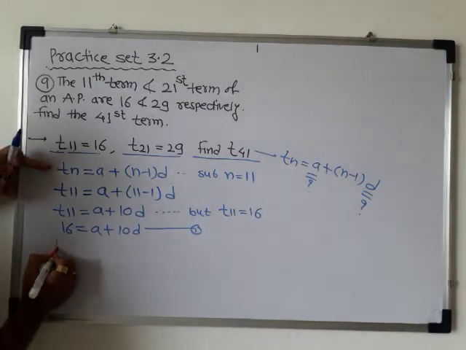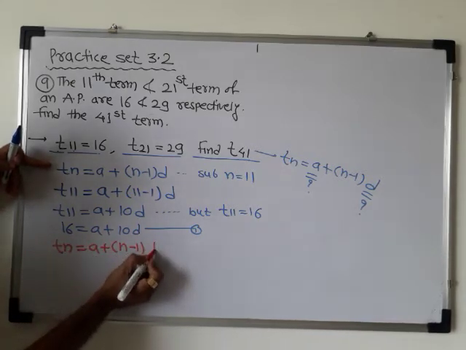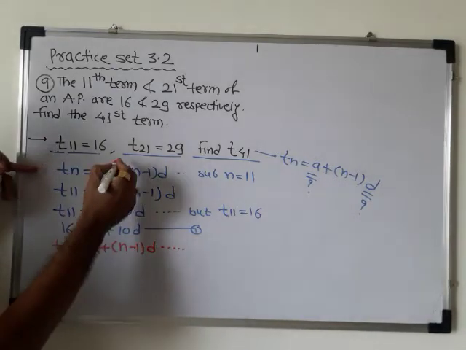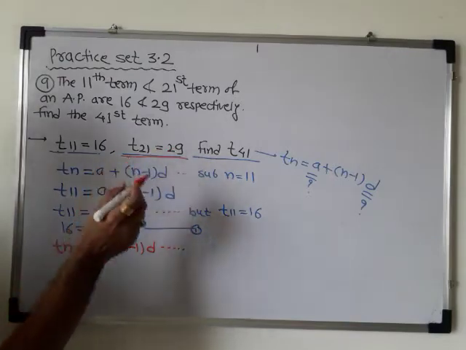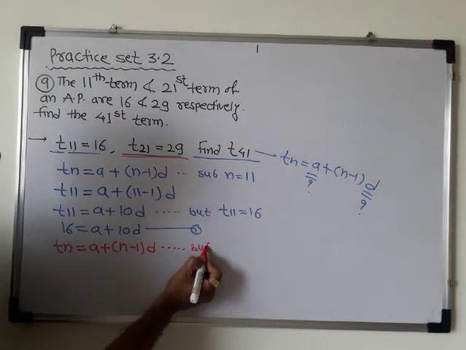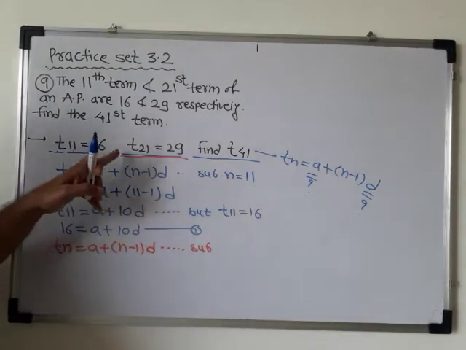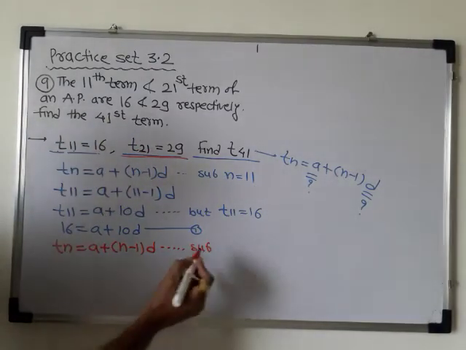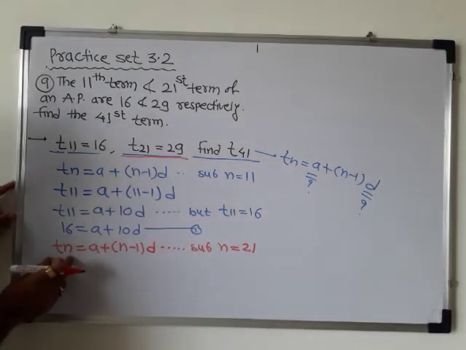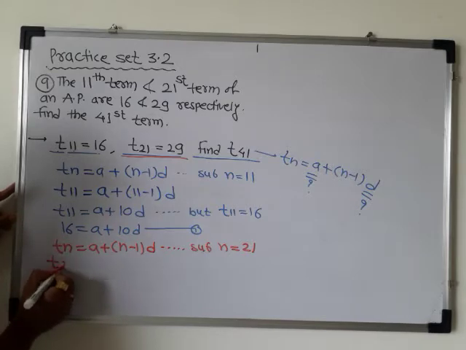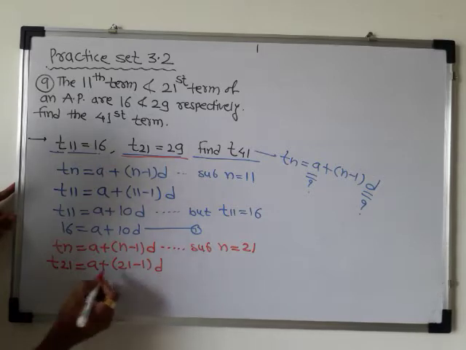Again use the same formula. Nth term, Tn is equal to a plus (n minus 1) into d. Now take the second. T21 is 29. So we will substitute here. In place of n equal to 11, now substitute n is equal to 21, because T21 is known. So T21 is equal to a plus (21 minus 1) into d.